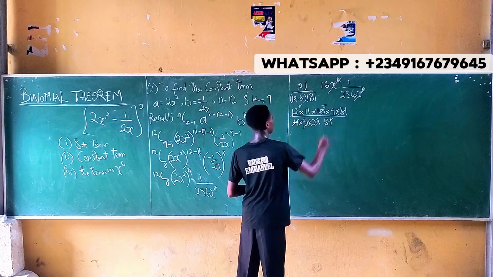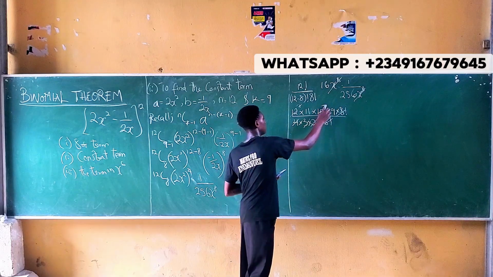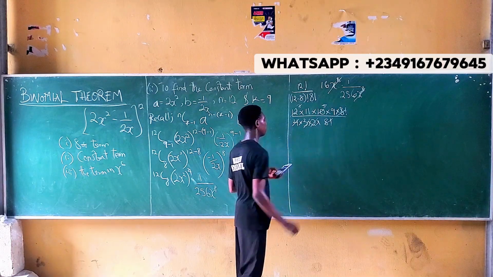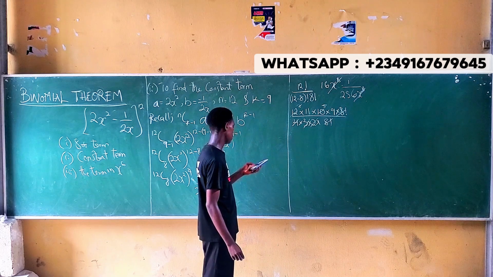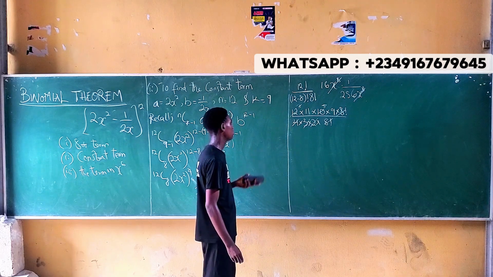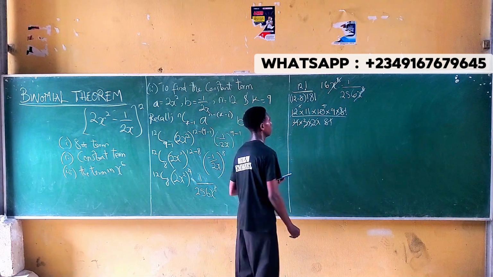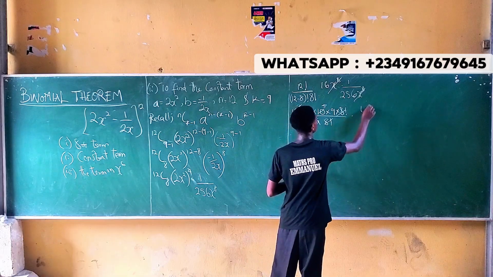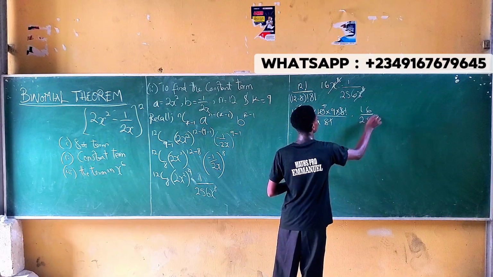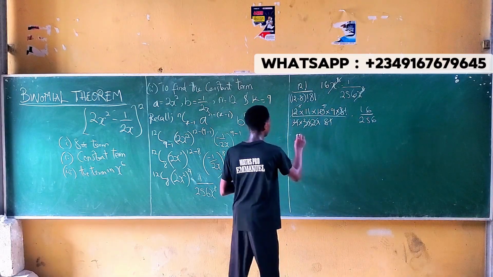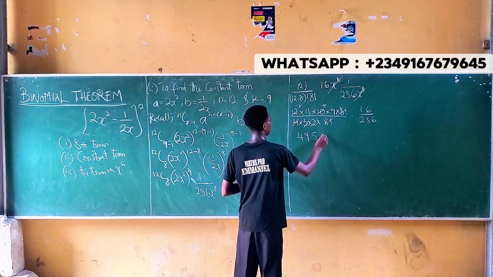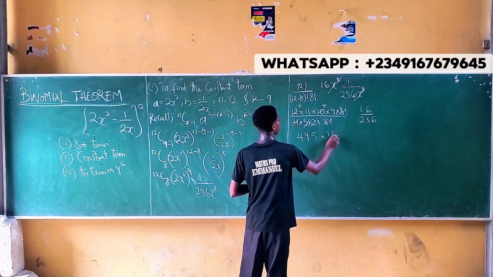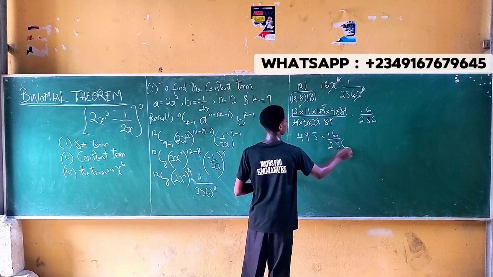Now let's multiply. So I'll have 11 times 5 times 9. The result is 495. Now this is multiplied by 16 over 256.